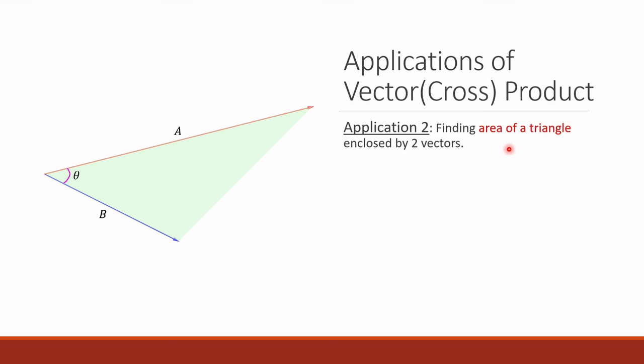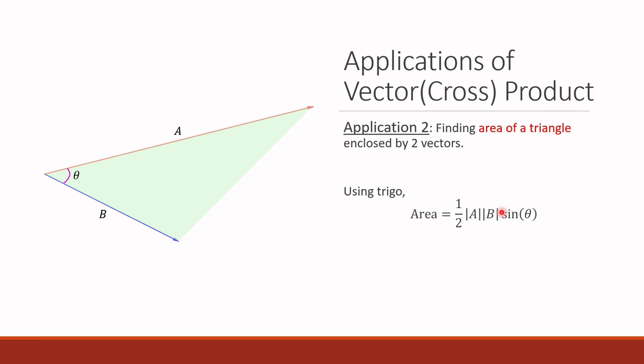For this second application, we can use it to find the area of a triangle enclosed by two vectors. Like this example over here, I want to find this green area of a triangle. Again, using trigo, we know the formula is half AB sine C. In this case, it will be half the length of vector A, times the length of vector B, times sine theta, where theta is the angle between them.